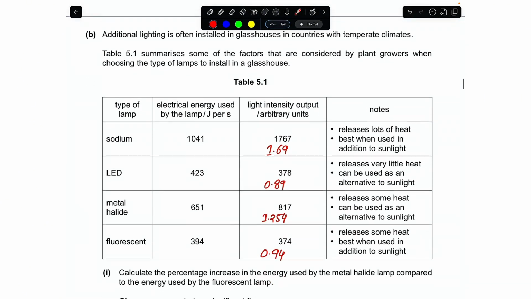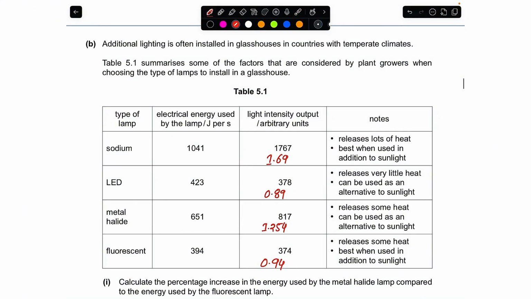Now coming to this B part, they further tell us that there are countries that have temperate climates. And in those temperate climate countries, what they are doing is providing additional lighting, again so that light should not become limiting.